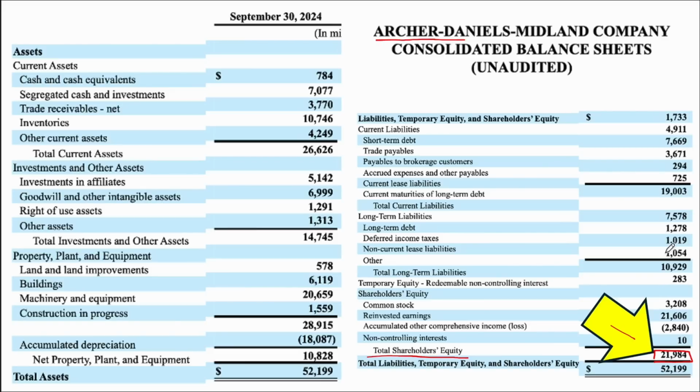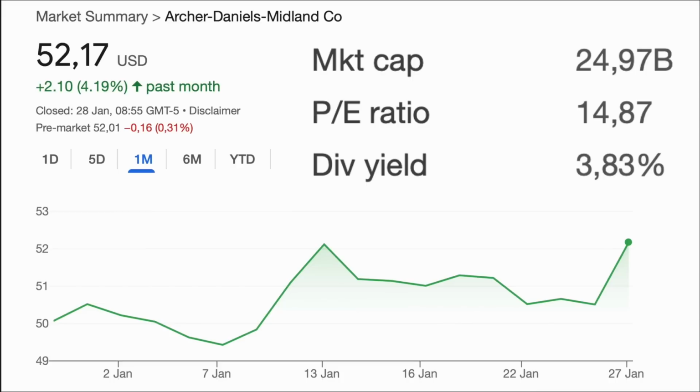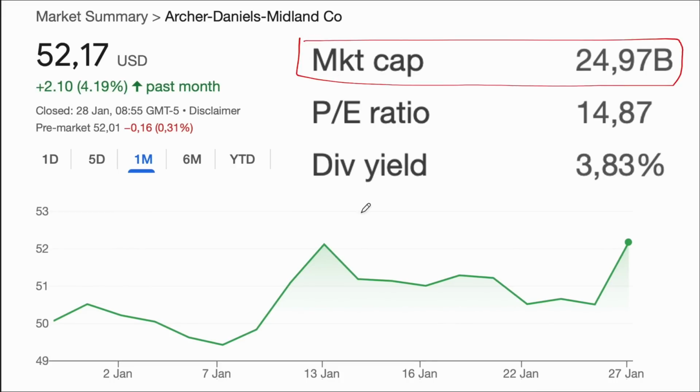But that is the accounting value. And nothing wrong here, 22 billion, you compare it to the market capitalization of 25 billion, there is not a margin of safety, but you say, okay, I'm at least getting real value for my money.